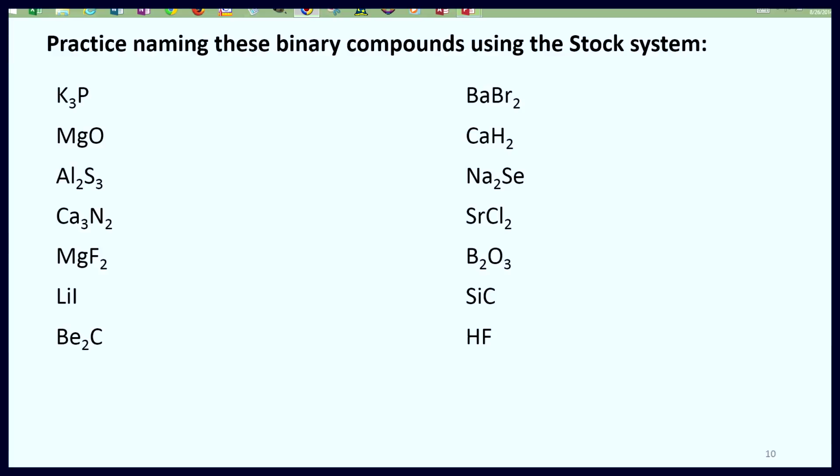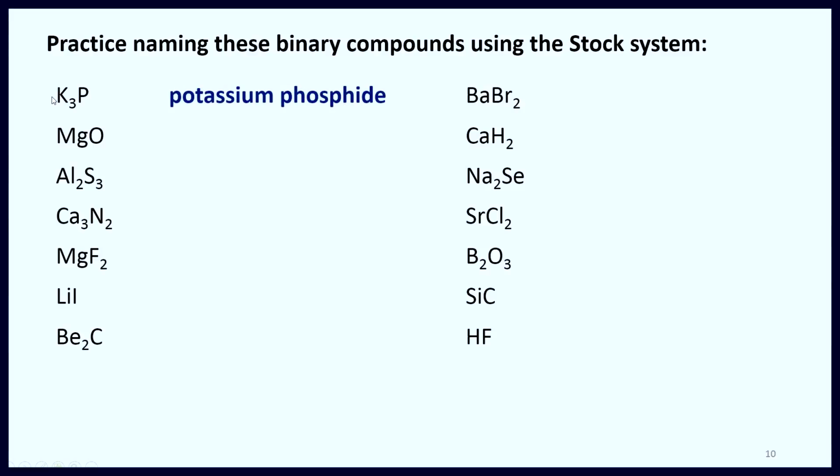All right, let's get some practice naming these binary compounds using the Stock system. Now, I'll go through these fairly quickly, but you can pause the video as needed to figure out the answers. The first one is potassium phosphide. Next, we have MgO, which is magnesium oxide.